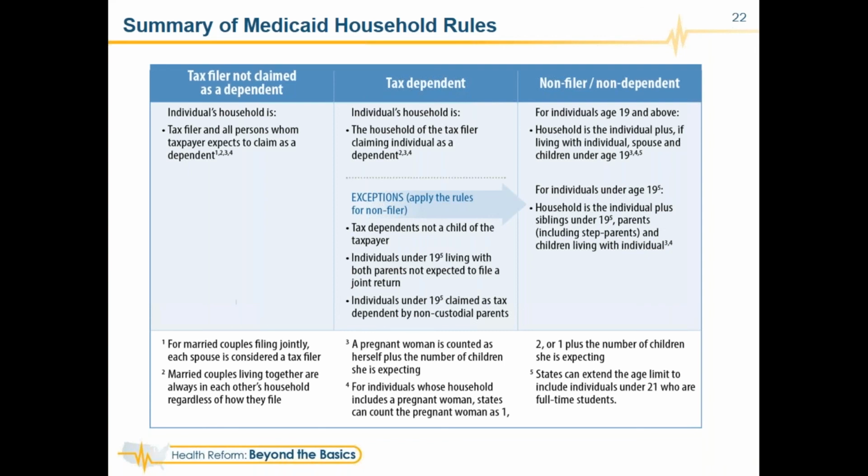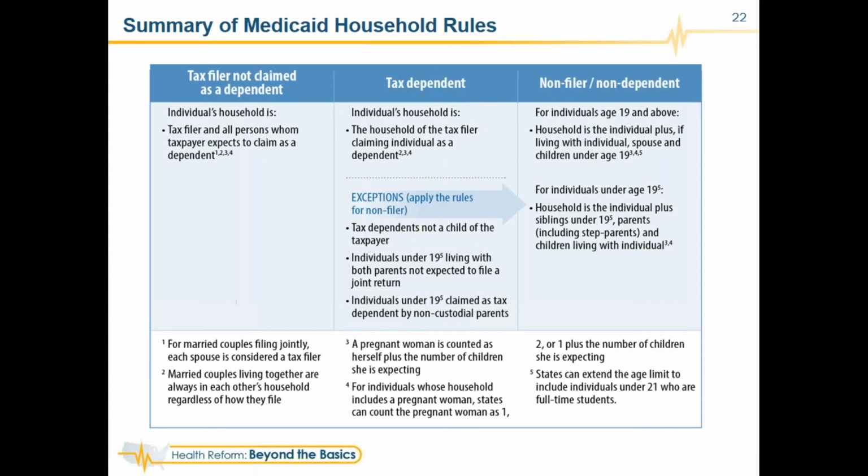Okay, if any of these 3 exceptions apply, or if the person is a non-filer, meaning the person's not going to file taxes for him or herself, and is not going to be a dependent of anybody else in taxes, then these other rules apply, which is in the right-hand column.